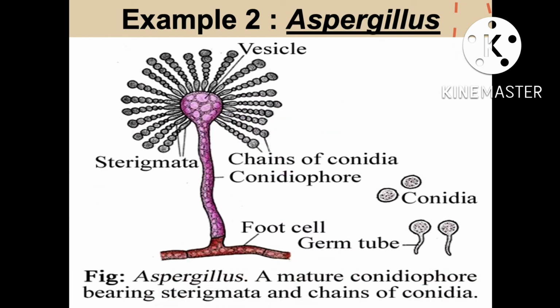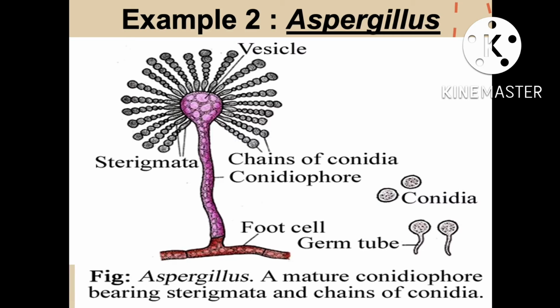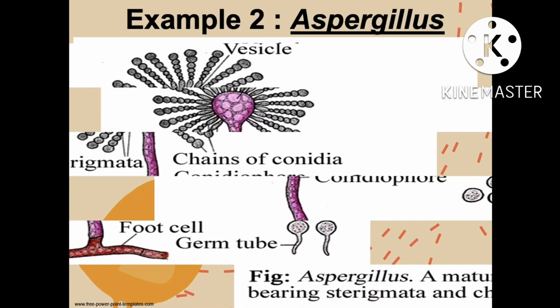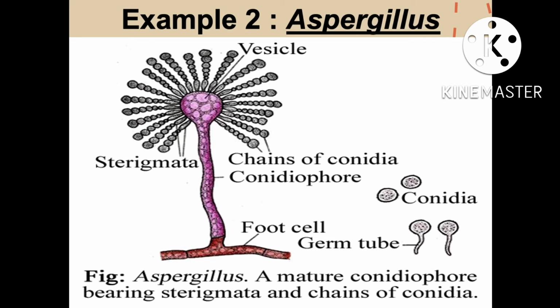Each conidiophore arises from a T-shaped foot cell and terminates in a swollen vesicle. The vesicle produces a large number of finger-like projections known as sterigmata. Here you can see the sterigmata, finger-like projections, which grow in all directions and bear chains of conidia. They are variously colored, characteristic of their species.